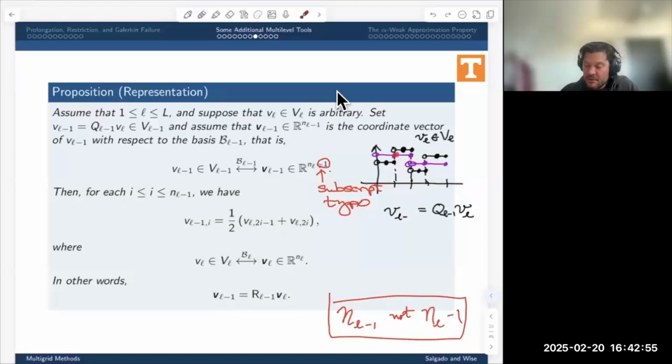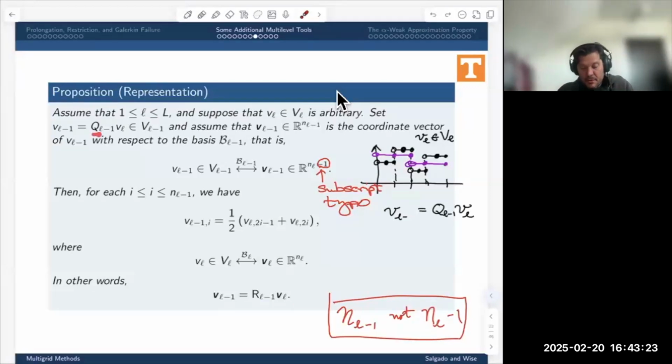In particular, it's going to create those two points. So what I've shown here is that this is exactly the same as the restriction operation. In this case, the L2 projection of a piecewise constant function is the same as the restriction of the corresponding grid function.